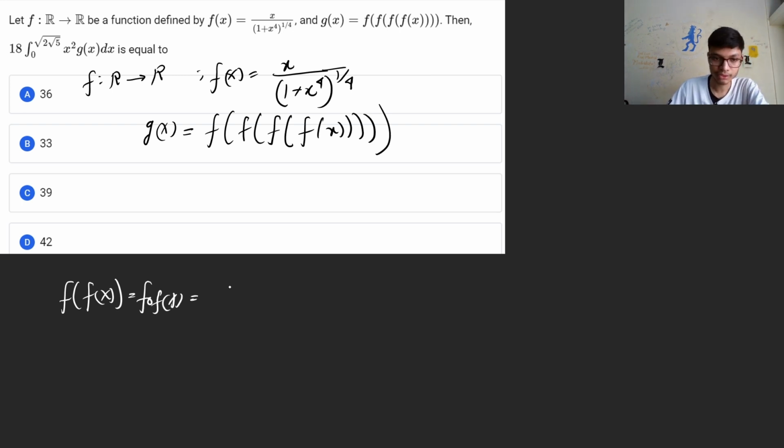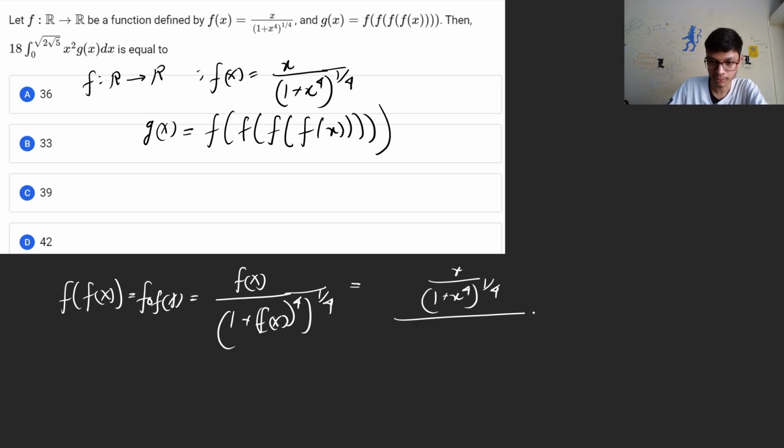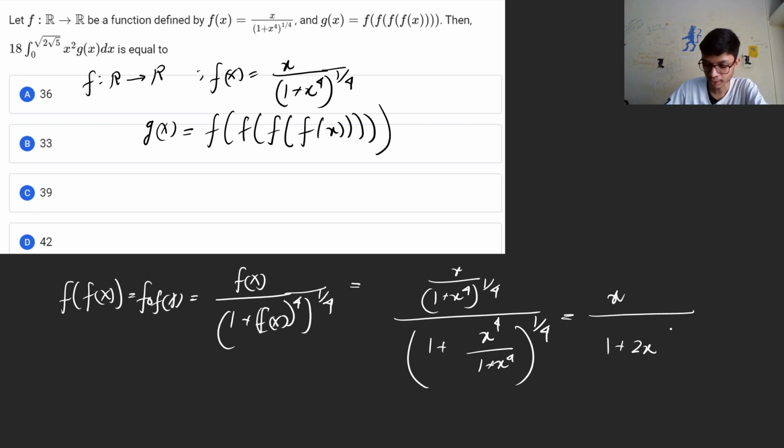So this will be basically f of x whole divided by 1 plus f of x whole to the power 4, whole to the power 1 by 4, and you can simplify this result as x divided by 1 plus x to the power 4 whole to the power 1 by 4 divided by 1 plus 1 by 1 plus x to the power 4, this whole to the power 1 by 4, and you can simplify this particular result. This result is going to be coming out as x divided by 1 plus 2x to the power 4 whole to the power 1 by 4. So that's going to be the result of f of f of x.